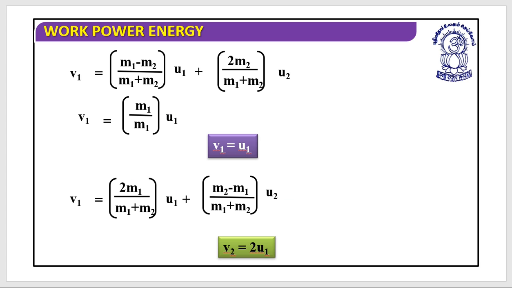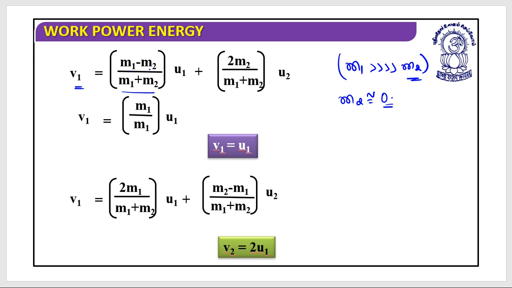Let's try to prove this with mathematical calculations. It says v1 is equal to (m1 minus m2) upon (m1 plus m2) into u1 plus 2m2 upon (m1 plus m2) into u2, and according to the relations, m1 is much greater than m2. I hope this is clear. So in this situation, I'm just going to neglect m2, m2 is approximately 0.